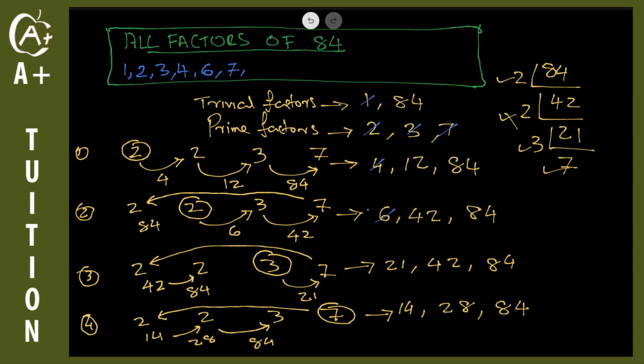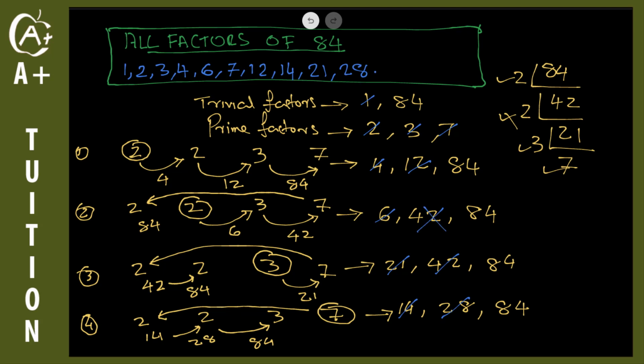Then we have 12. We have 12 and 14. Then we have 21. Then 22 is not there. 28. Yeah, we got 28. And the next number I think is 42. Alright, 42 and 84 are the only remaining numbers.